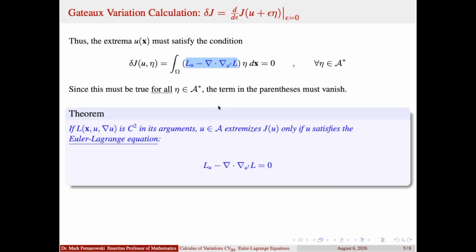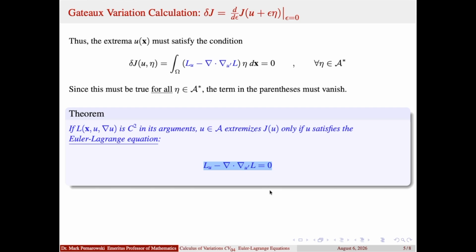That gives us the Euler-Lagrange equation. So this thing that I've highlighted right now must vanish for an extrema by the general theory. So for this particular Lagrangian in a multivariate space, this is the Euler-Lagrange equation.